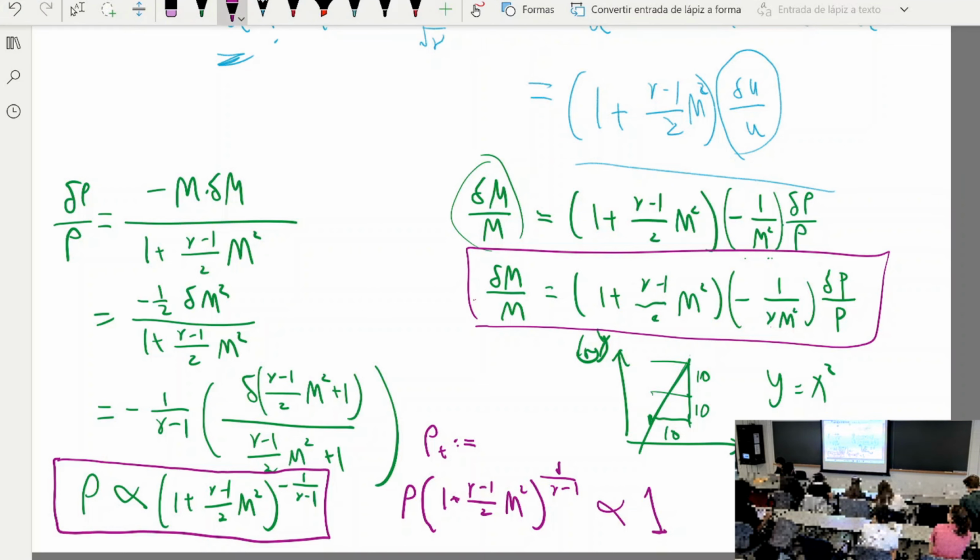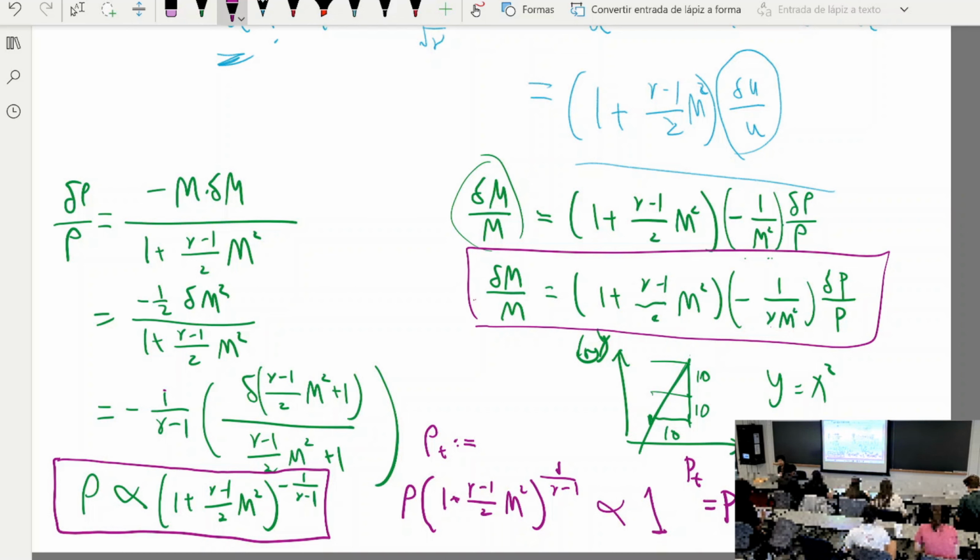If you derive pressure, you're going to see the pressure times 1 plus gamma minus 1 over 2 M squared to the power of gamma over gamma minus 1, because instead of 1 over gamma minus 1, I get gamma over gamma minus 1 here. So that is going to be proportional to a constant, and that's defined as total pressure or stagnation pressure. Okay.